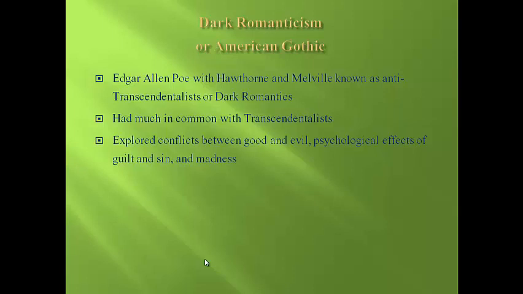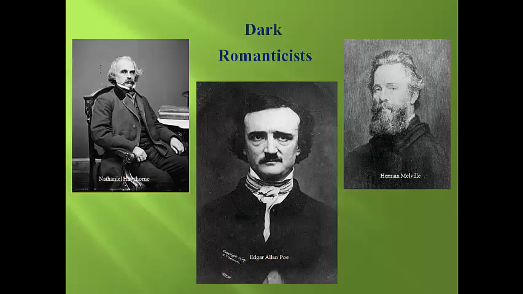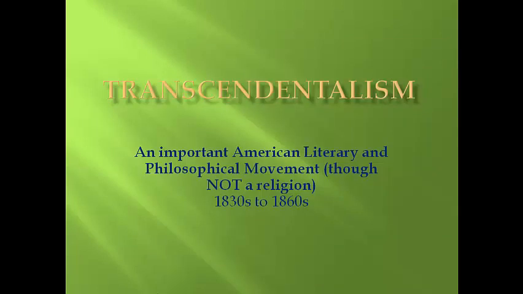They had much in common with transcendentalists, and they explored conflicts between good and evil, and the psychological effects of guilt, sin and madness in the form of symbolism, some mysterious things. So here are the pictures of these great representatives of dark romanticism: Nathaniel Hawthorne, Edgar Allan Poe, and Herman Melville.